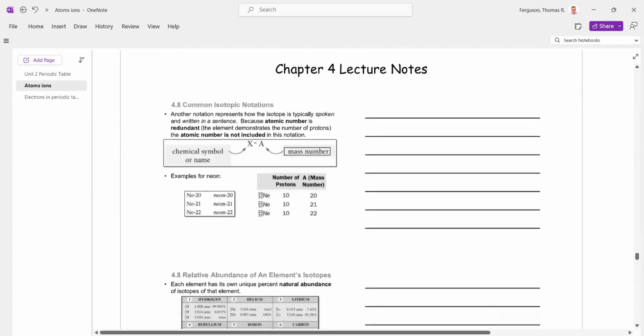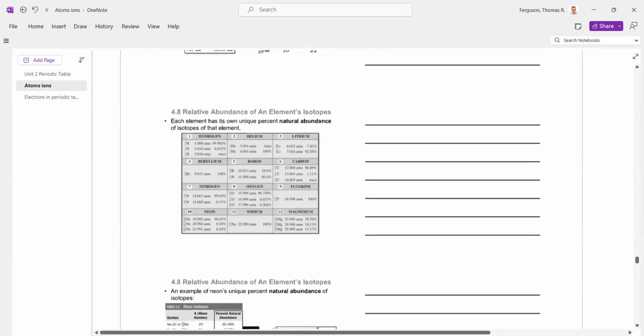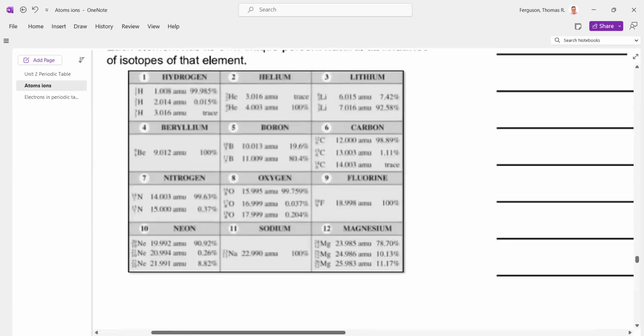Now, what I want to do is go into abundances of various kinds of isotopes. For example, let's look at oxygen here. Oxygen 16 has an abundance of almost 100%.